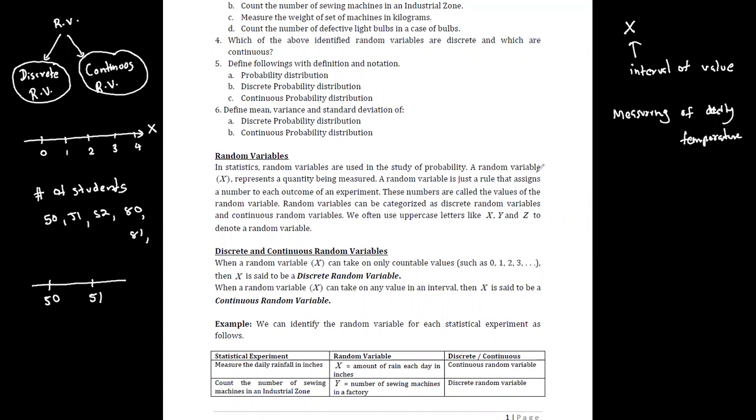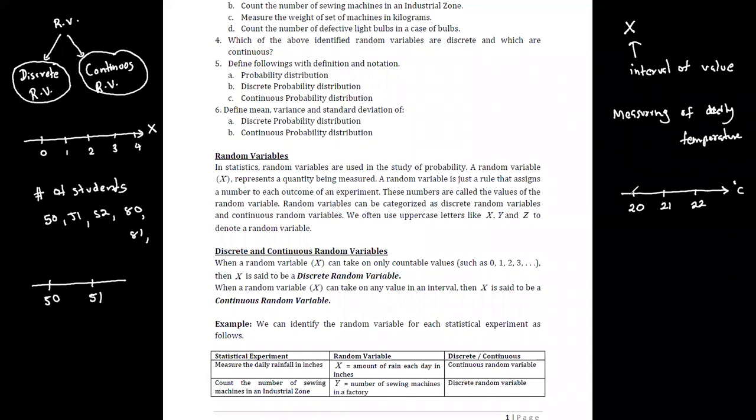If you are measuring the daily temperature, we may have values like 20, 21, 22. If you are using the Celsius degree scale for this measuring, one day you may identify that it is 20 and the next day it is 21.